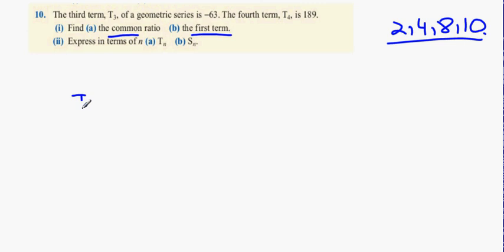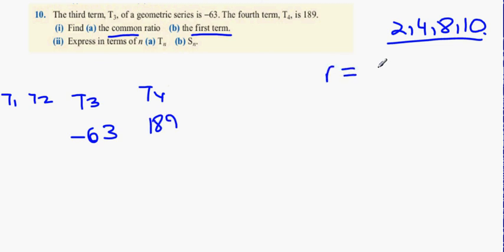So look, T3 is minus 63, so T1 and T2 are over there. Then T4 is 189. r equals 189 divided by minus 63. r therefore equals minus 3.